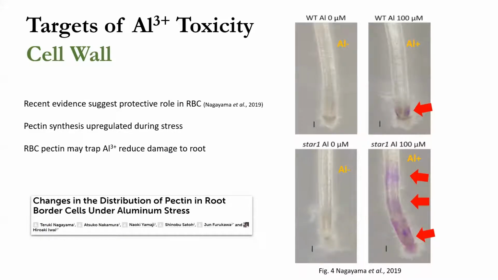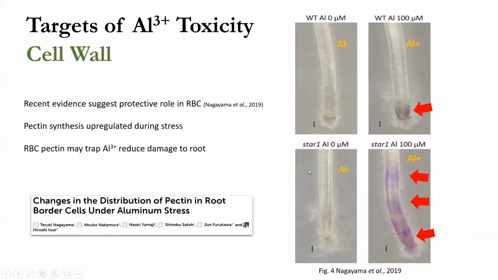However, cell wall binding of aluminum can also be protective, especially in the less important cells, of course. This recent study right here showed that the root border cells, or RBC, can actually serve as aluminum sinks, which keeps the toxic ion away from the rest of the root tissue. During aluminum stress, the border cells would increase pectin synthesis, likely to enhance aluminum trapping abilities. Shown on the right here is the result of this study in Arabidopsis seedlings.